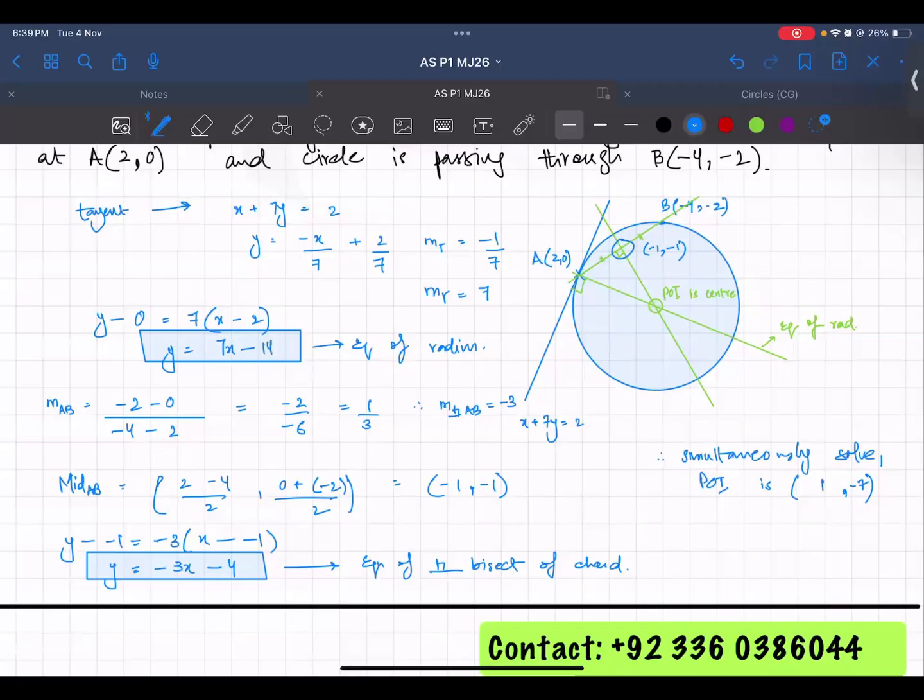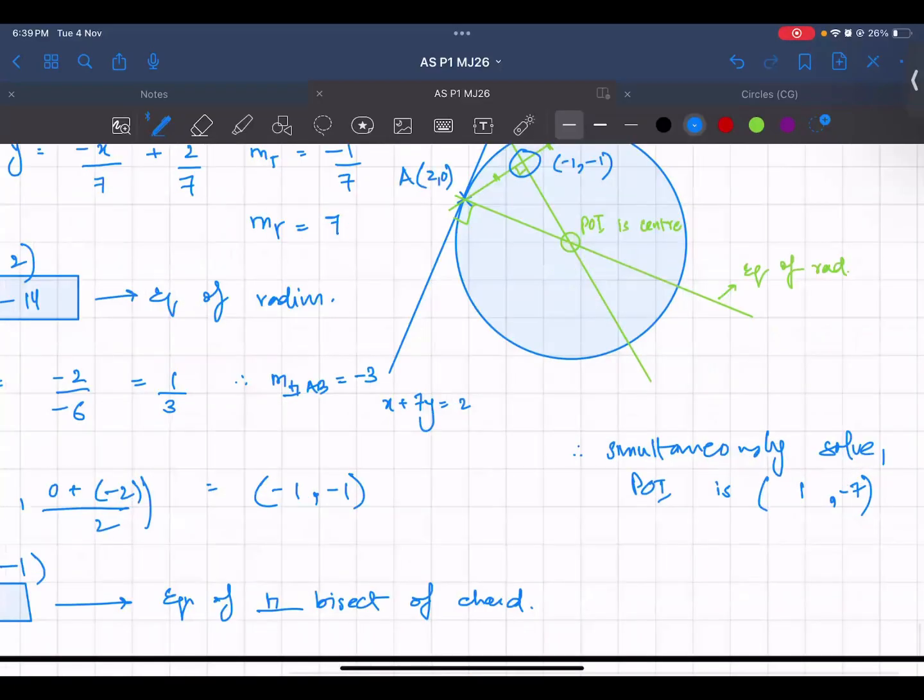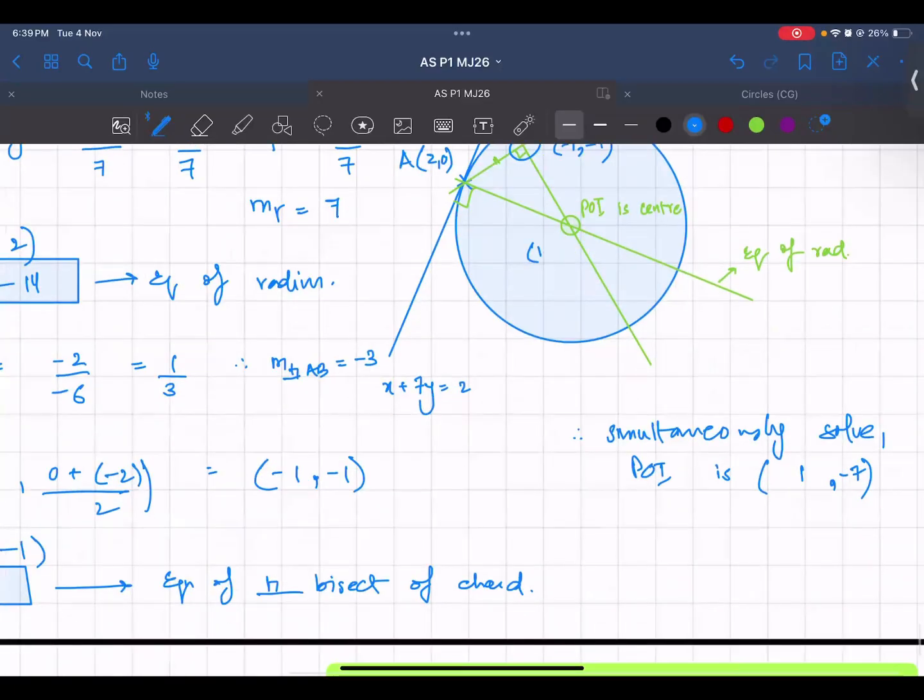You can find the distance between the center 1 comma minus 7 and any of the points. So the point of intersection and A, if I find the distance, it will be minus 7 minus 0 whole square plus 1 minus 2 whole square.